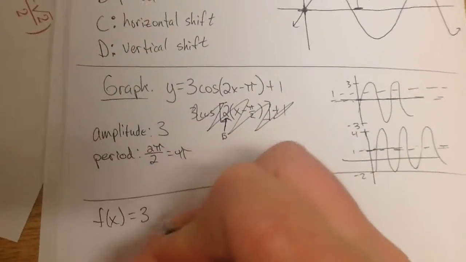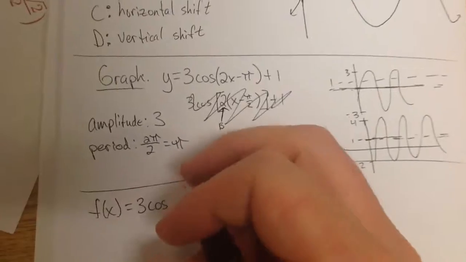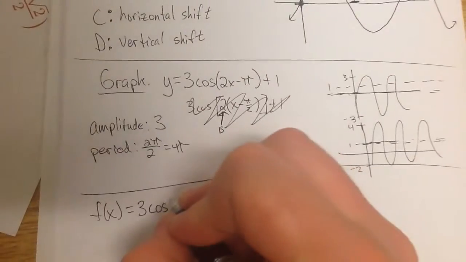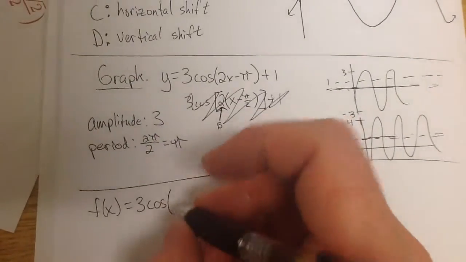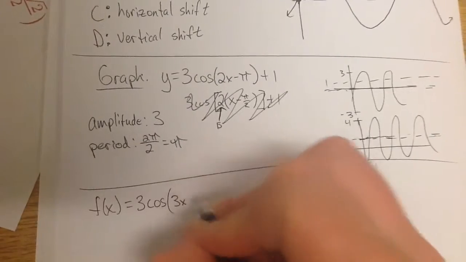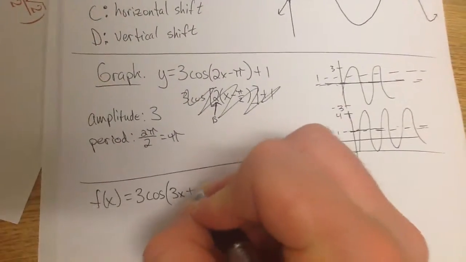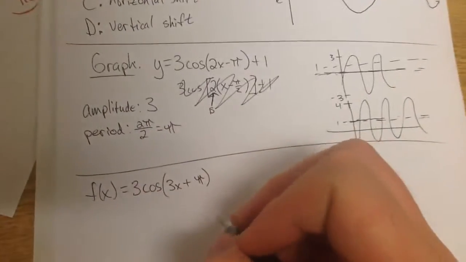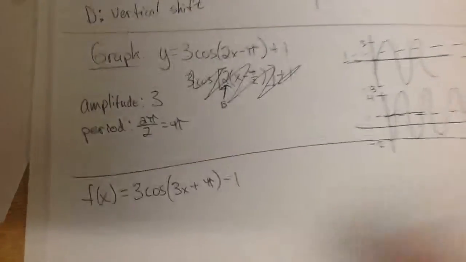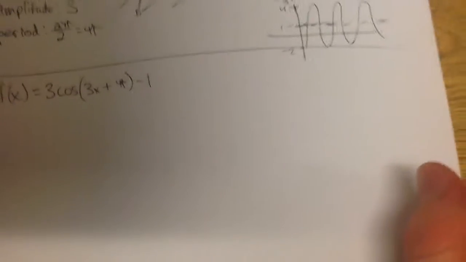We'll just do 3 times the cosine of 3x plus pi, minus 1. Good enough. Just made it up. So graphing it, I'm not going to do the weird factoring way. I'm just going to do it my way. I'm not going to try to follow your book.